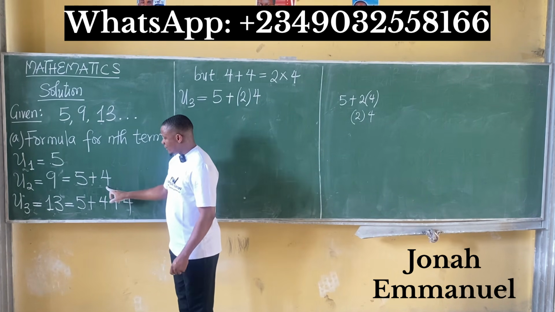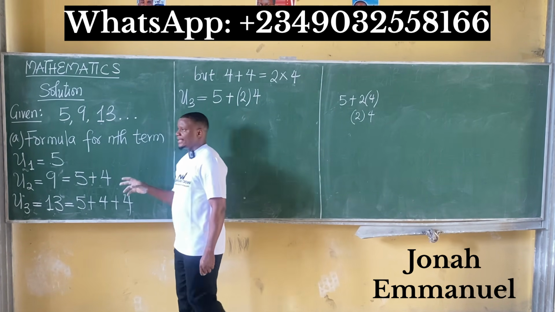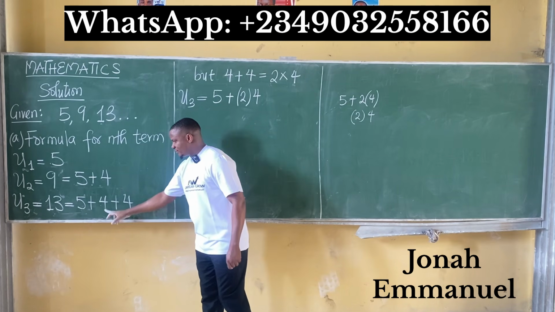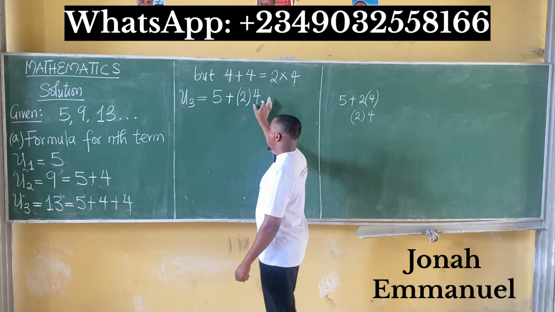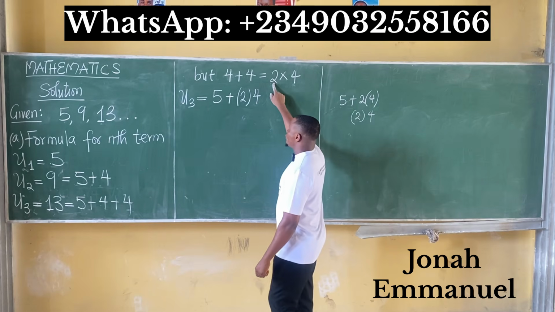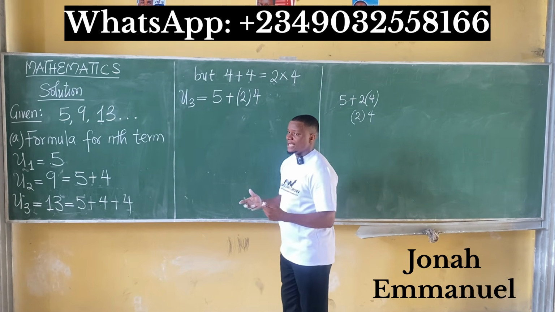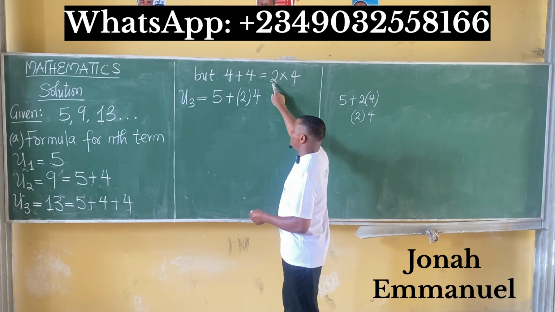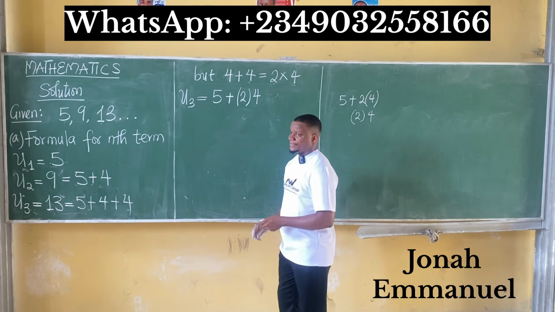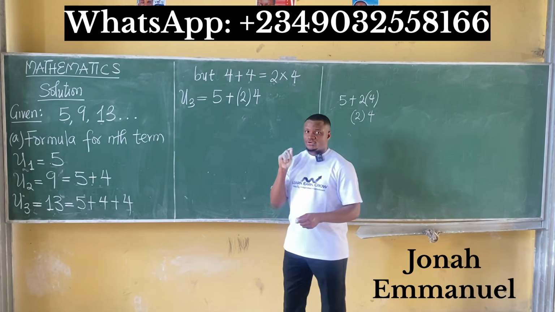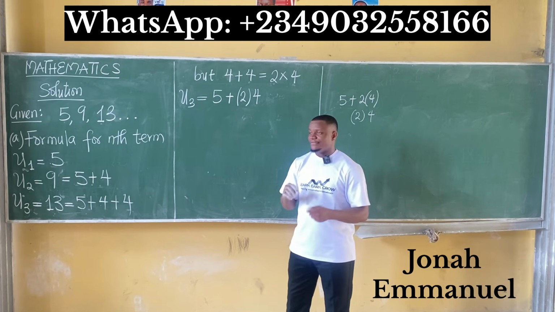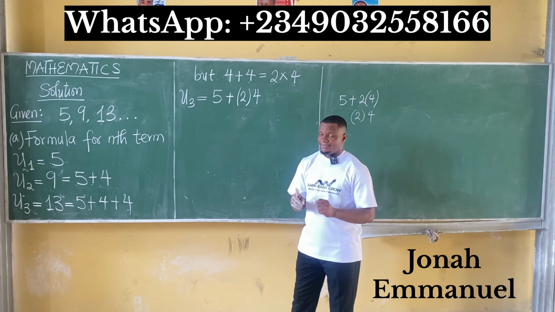I had 4, I had 4, I had 4. That term that keeps repeating would be outside the bracket. Then I got 2 by saying 4 plus 4. Since 4 occurred 2 times, it became 2 times 4. This 2 will be the one in the bracket, please. This step is very crucial when it comes to finding the formula of an nth term. Please note that.